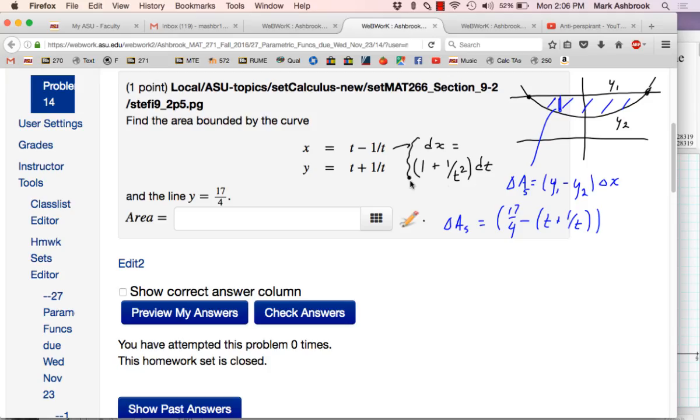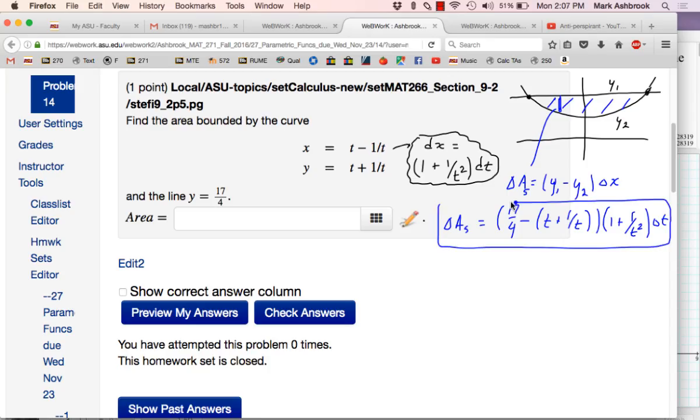So delta x would be 1 plus 1 over t squared delta t. Right, so the negative cancels and yeah, that's right. So that's our typical little bit of area.